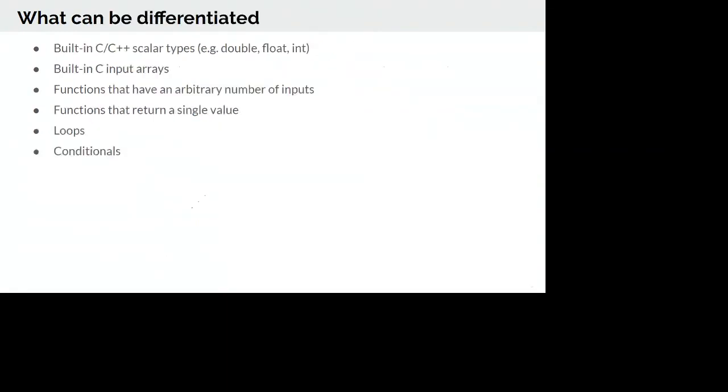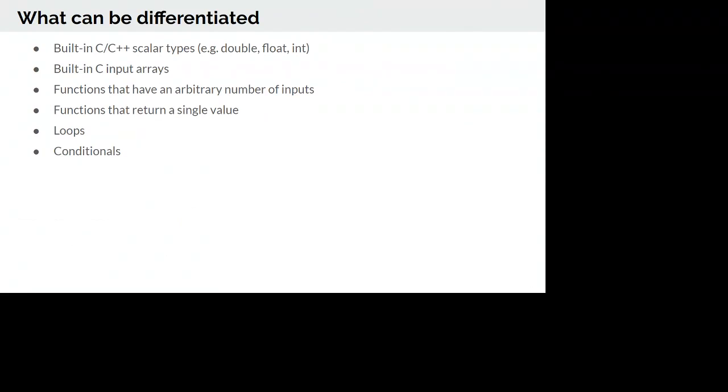Currently, the range of what CLAD can differentiate is quite broad. It can differentiate built-in C++ scalar types, so like your doubles, your floats, your ints, and it can also differentiate built-in C input arrays.